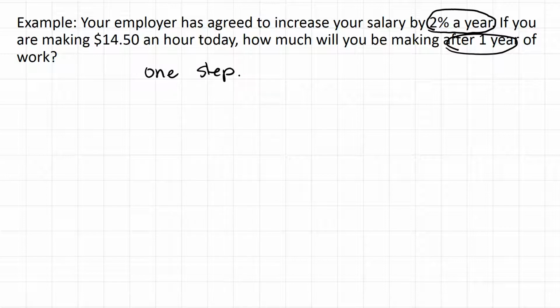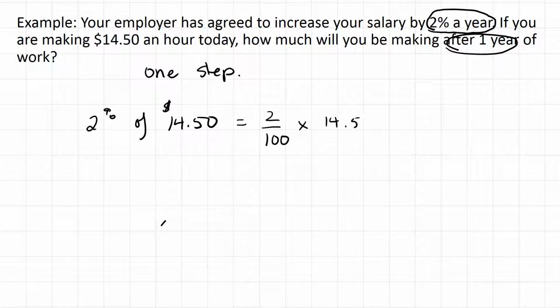So we're really calculating what is 2% of $14.50, because that will tell us how much of an increase we get. Now 2% is 2 out of 100, if we write it as a fraction. And of is the same as multiplication.